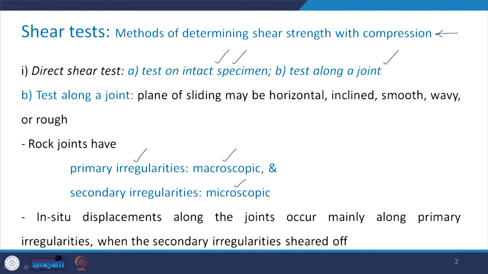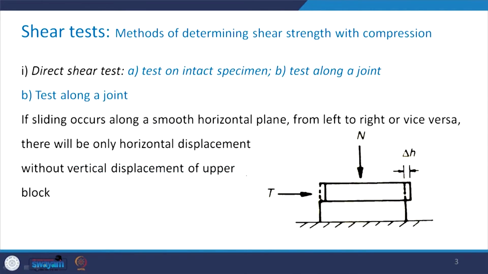In situ displacements occur along the joint, mainly along the primary irregularities, while these secondary irregularities get sheared off during the process of testing. As I mentioned, the joint surface can be smooth, wavy or rough.